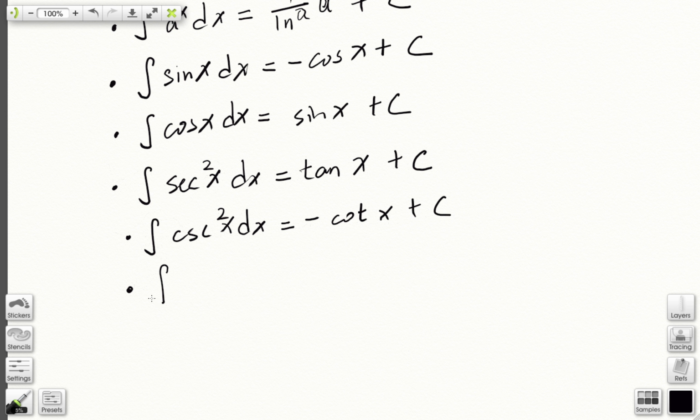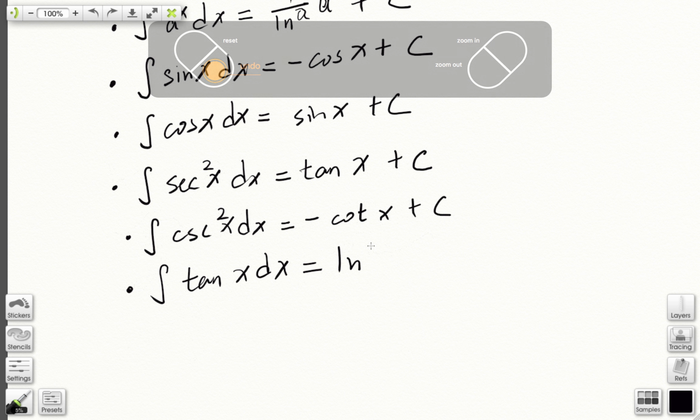Also, the integral of tangent of x dx equals ln of sine of x. I'm sorry, okay, so where's the eraser? I don't know.